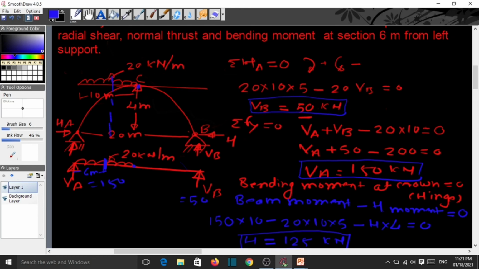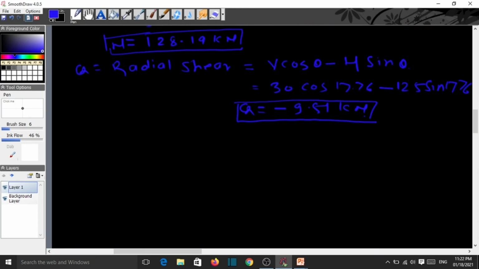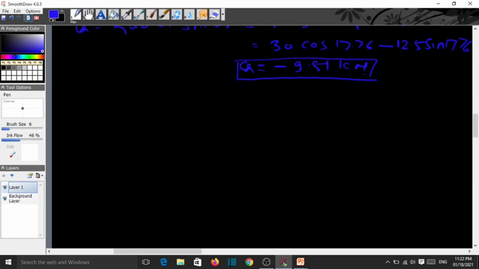The bending moment at 6 meter is equal to always the beam moment minus the thrust moment, or we call it the H moment.